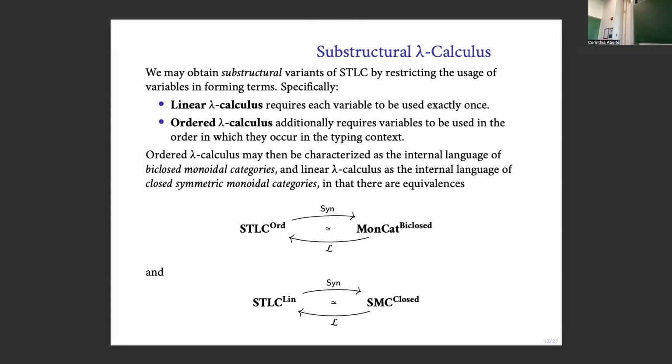Once again, we have equivalences of categories, just like we had for simply typed lambda calculus, like this, where now these are theories in ordered or, respectively, linear lambda calculus, and these are biclosed monoidal categories and closed symmetric monoidal categories.